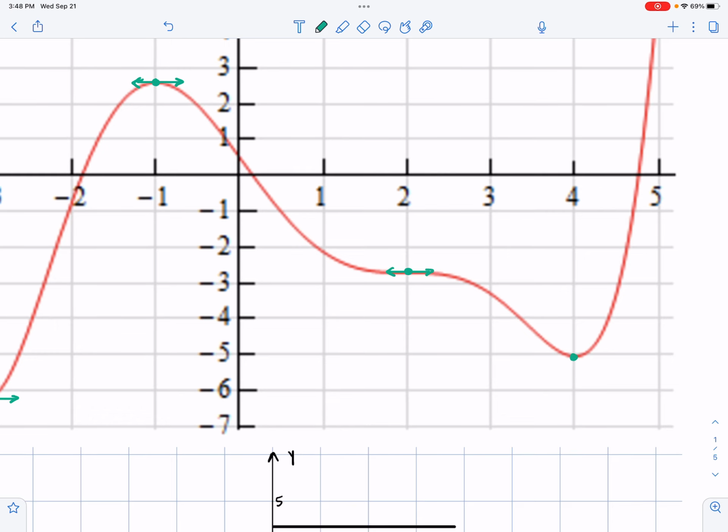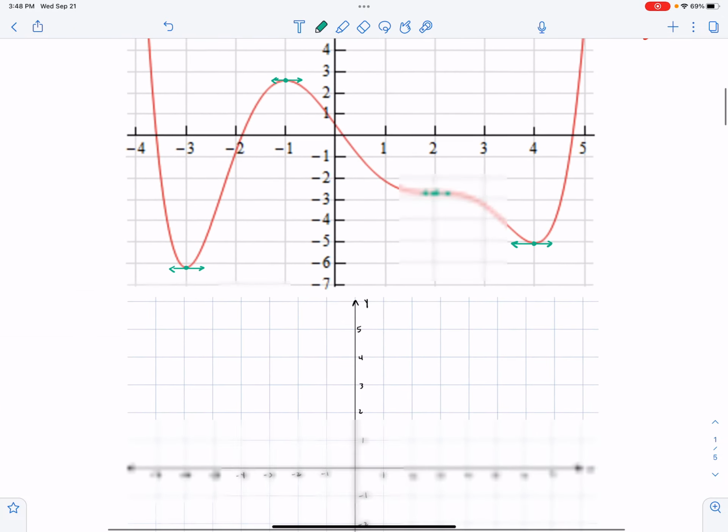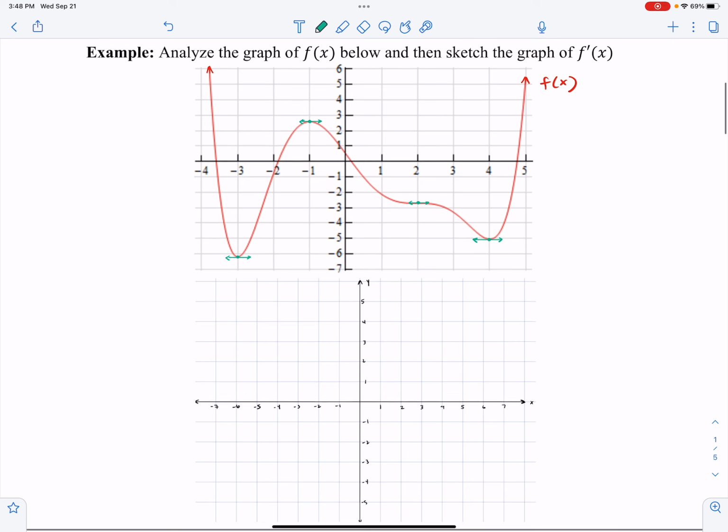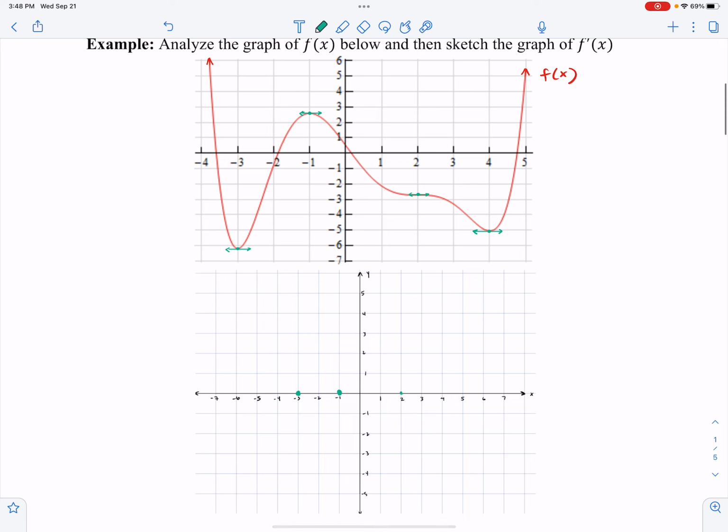And then also at x equals 4. So the location of the horizontal tangent lines will correspond to x-intercepts on the graph of f prime. So I'll graph those points: -3, 0, -1, 0, 2, 0, and 4, 0.